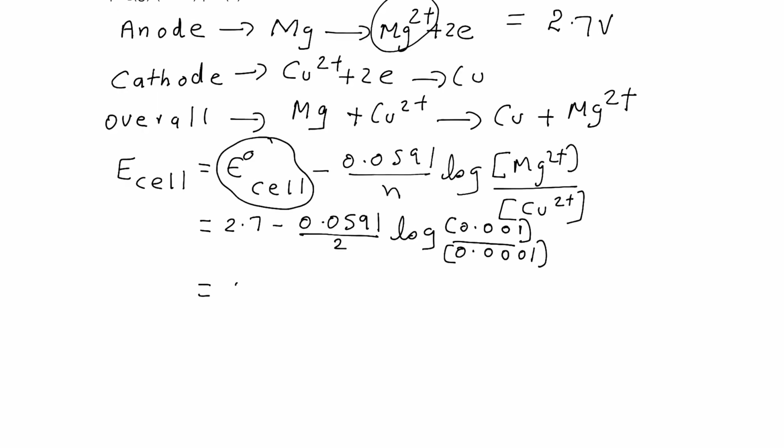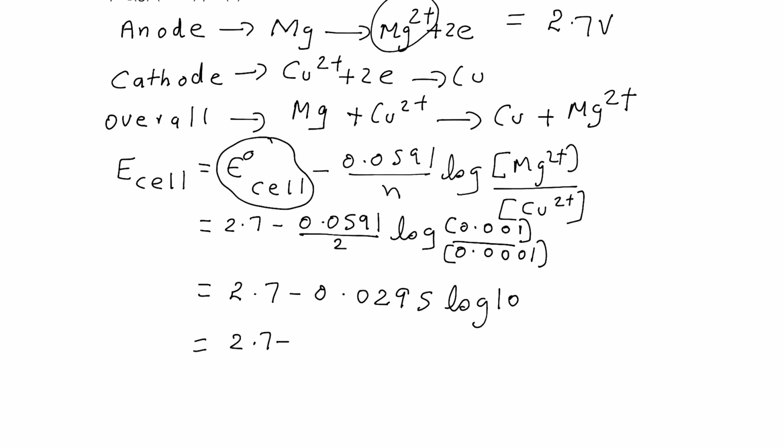On calculating, it will be 2.7 minus 0.0295 log. See, on cutting this, what you will get? This is 10 raised to minus 3 and this is 10 raised to minus 4. 10 raised to minus 3 by 10 raised to minus 4, you will get what? 10, right? Log 10, and log 10 is 1.